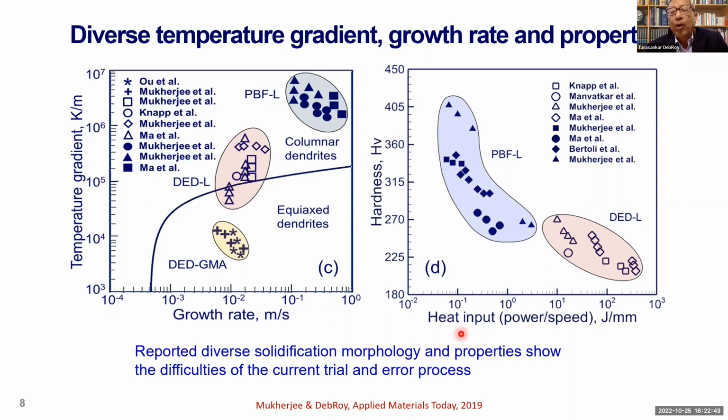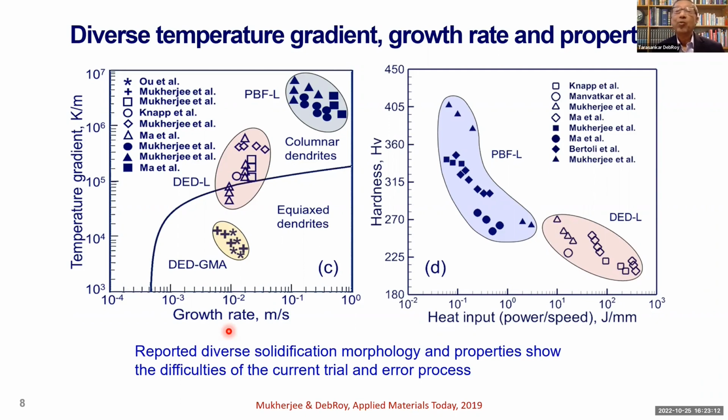And if you plot the heat input versus properties, it is no surprise, because the cooling rates are different, the temperature gradients are different, and the growth rates are different. The scale of the microstructure, the kinetics of different phase transformations, and the solidification morphology all are at play.